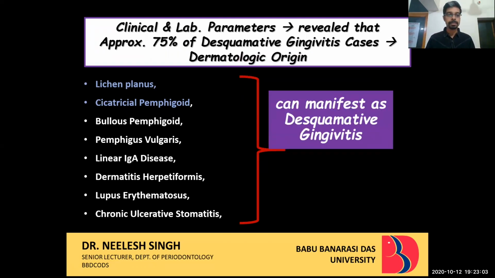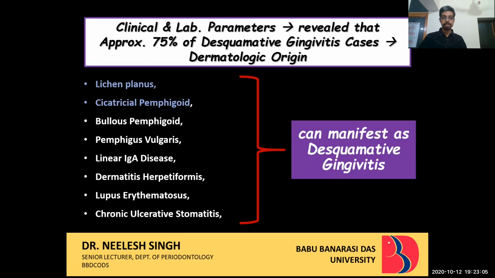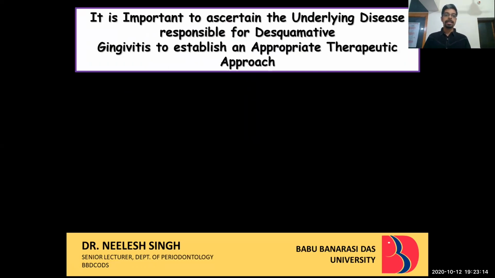But out of these also, lichen planus and cicatricial pemphigoid form 84% of the total desquamative gingivitis cases. So it is extremely important to ascertain the underlying disease responsible for desquamative gingivitis to establish an appropriate therapy, because the underlying disease has to be established to give a treatment, as desquamative gingivitis is only a sign or a symptom, we can say.